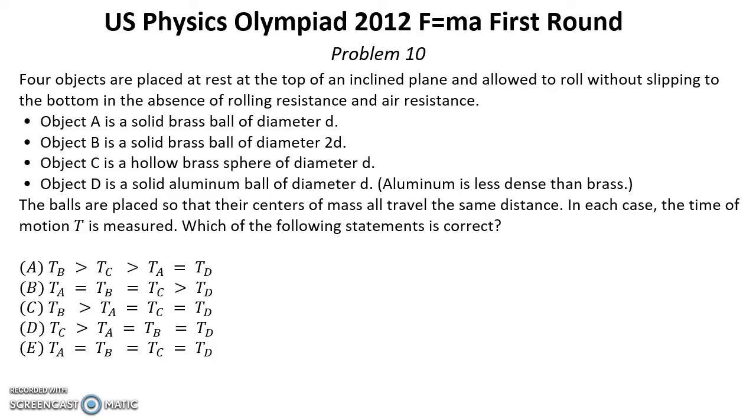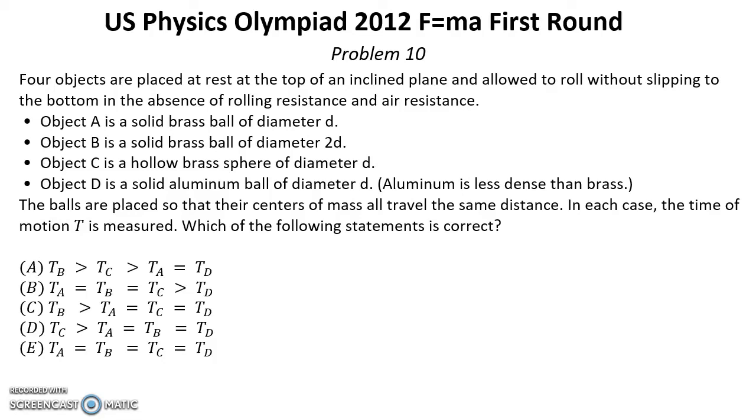Object C is a hollow brass sphere of diameter d. Object D is a solid aluminum ball of diameter d. Aluminum is less dense than brass. The balls are placed so that their centers of mass all travel the same distance. In each case, the time of motion t is measured. Which of the following statements is correct?